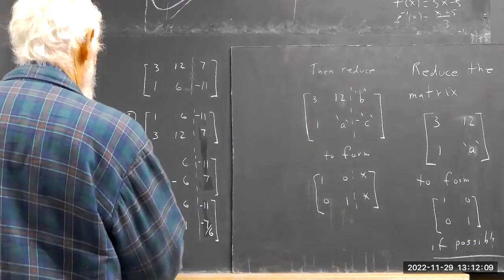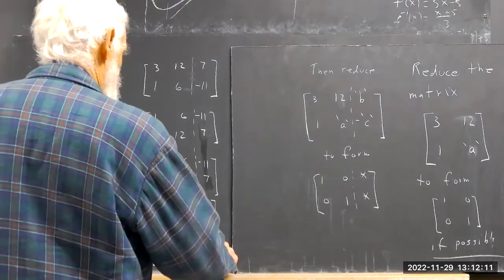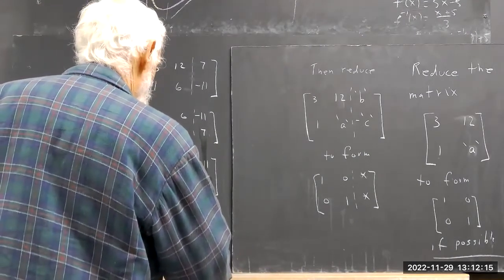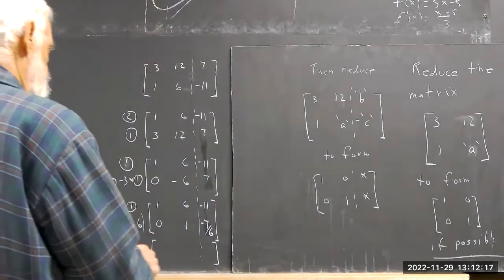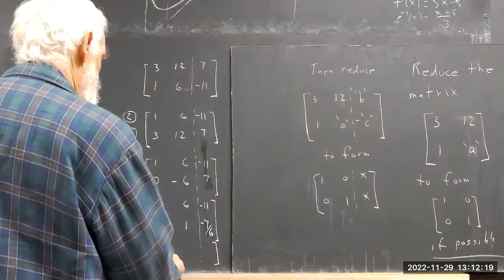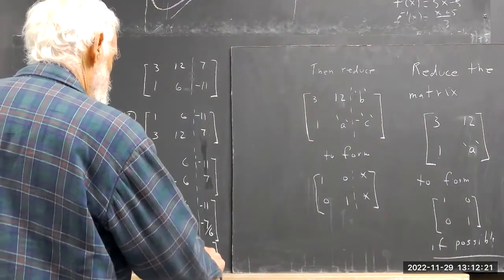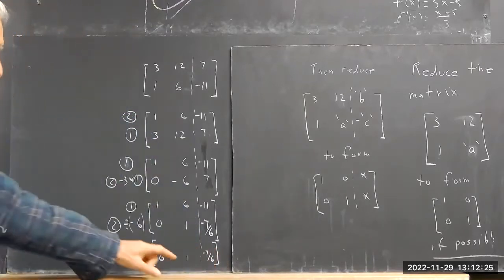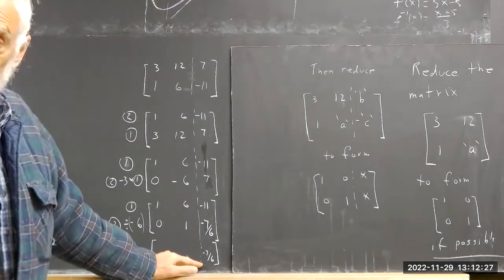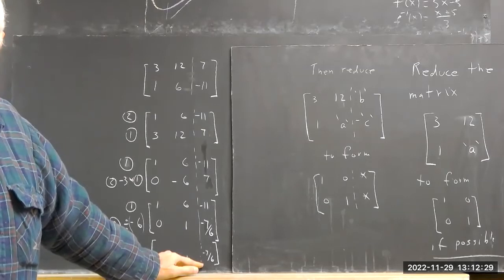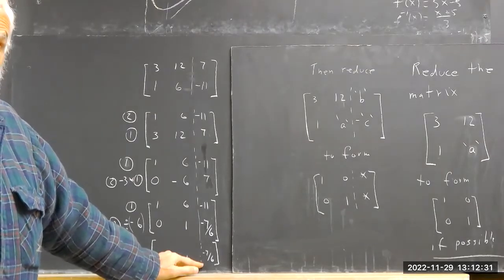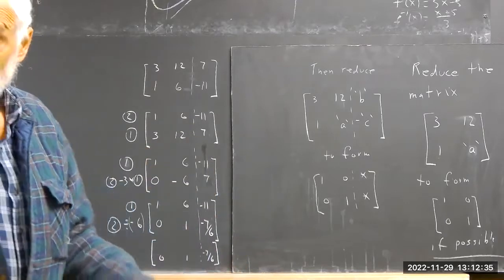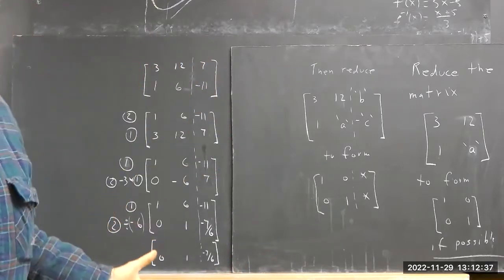I've got barely enough room, I apologize. I'll leave myself a little more room out here. I'm still going to have my 0, 1, -7/6. And this just stands for y equals -7/6, right? And that's what we would get if we wrote out the equations and did the same operations I'm doing here.